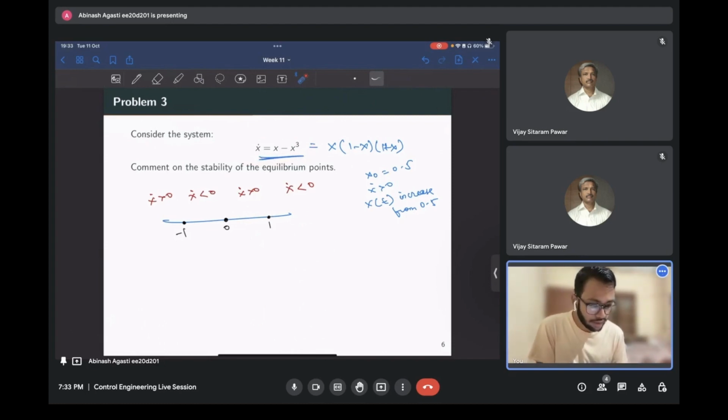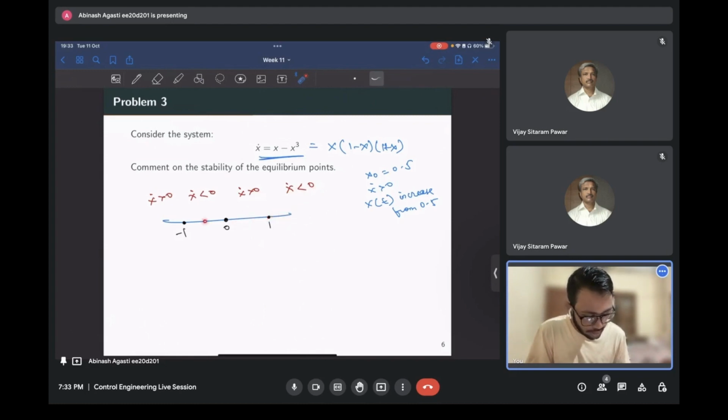Then take this area: here x is greater than 1 and x dot is less than 0. So it will keep decreasing till this point, because here x dot equal to 0, so there won't be any change anymore. If I start from somewhere here, I'll come here. If I start from somewhere here, I'll come here.